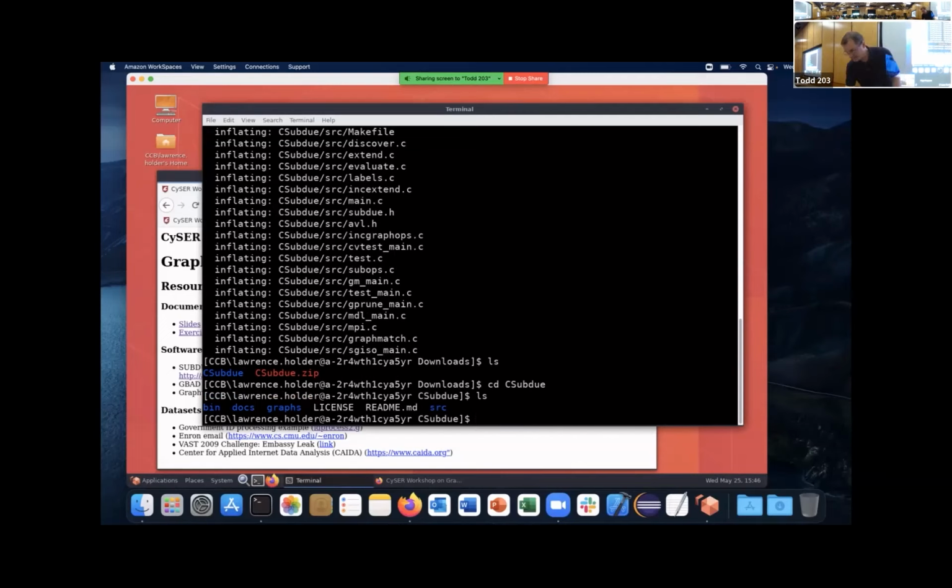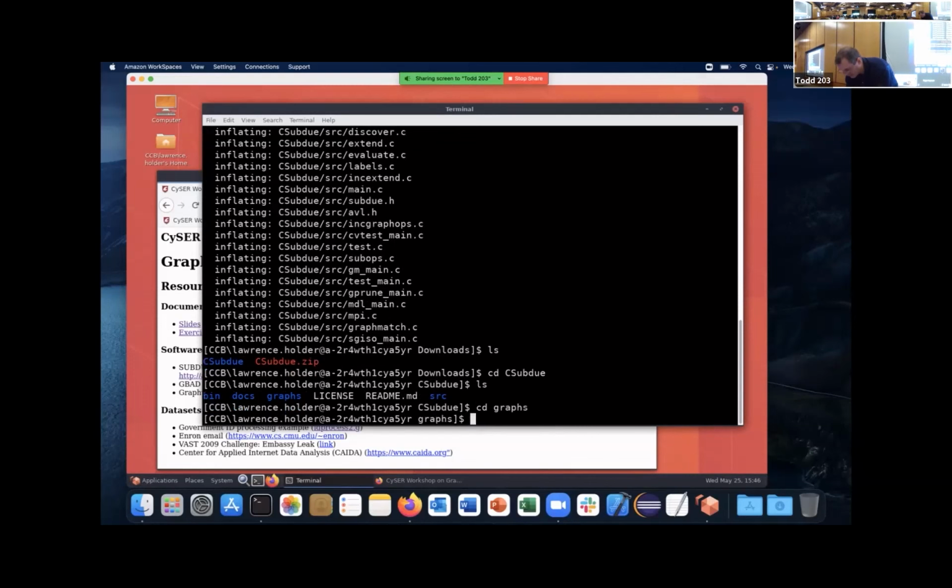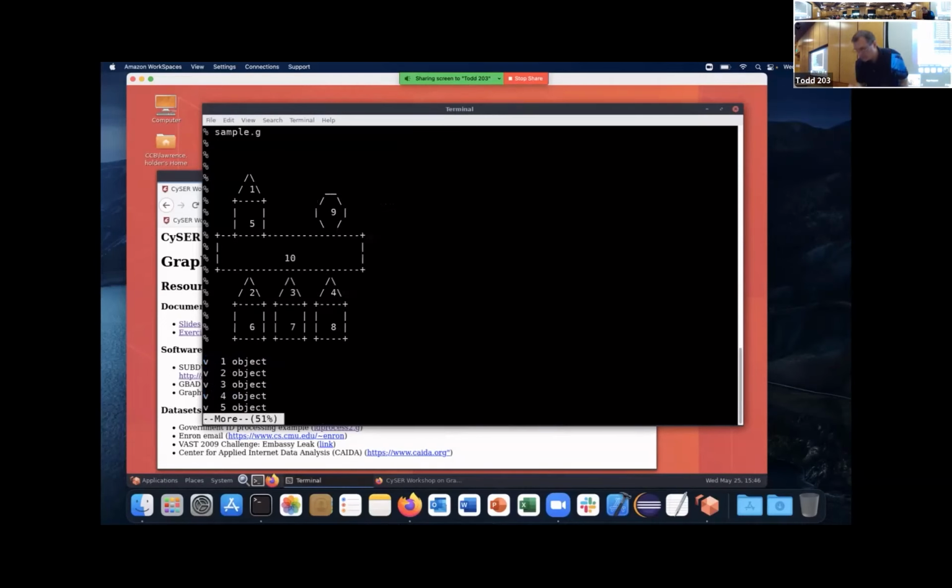So first thing to do is to go into the graphs directory. And we'll look at this. So this is a really simple example where we have objects with various shapes, and those objects can be on top of other objects. And so the graph basically represents this picture.